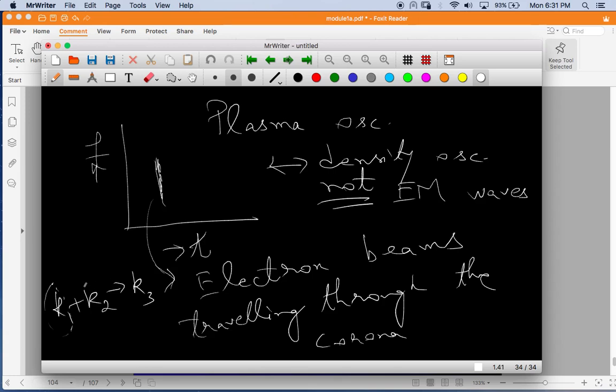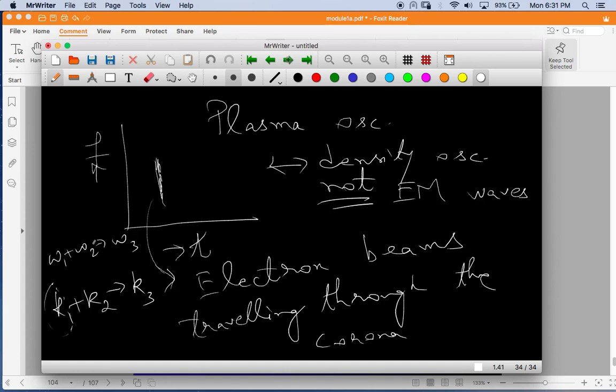So you have to presuppose the existence of another population of waves which will mix with the plasma oscillations. So you need to satisfy these two simultaneously, such that omega 3 is nearly equal to omega 1. This would be the observed electromagnetic emission, and this would be the plasma oscillations.